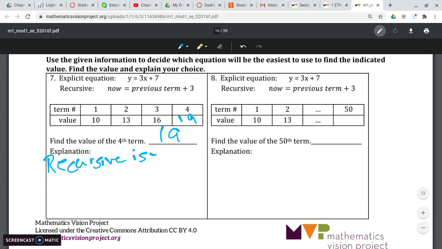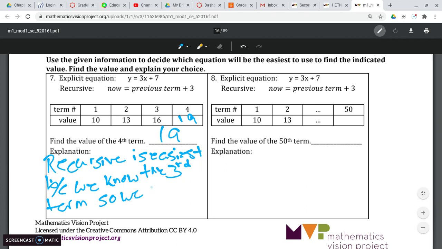And it's the easiest because we know the third term.